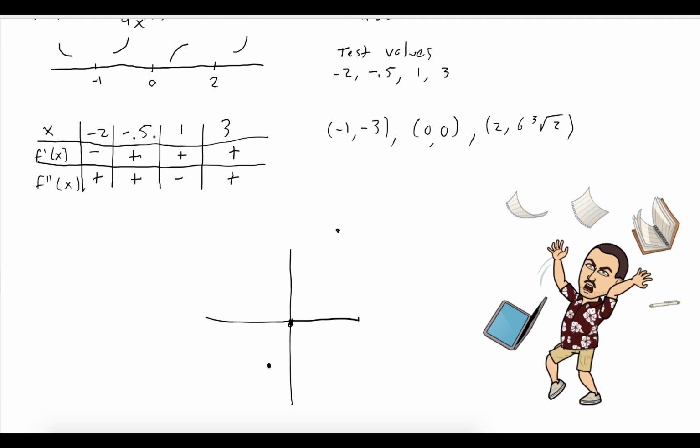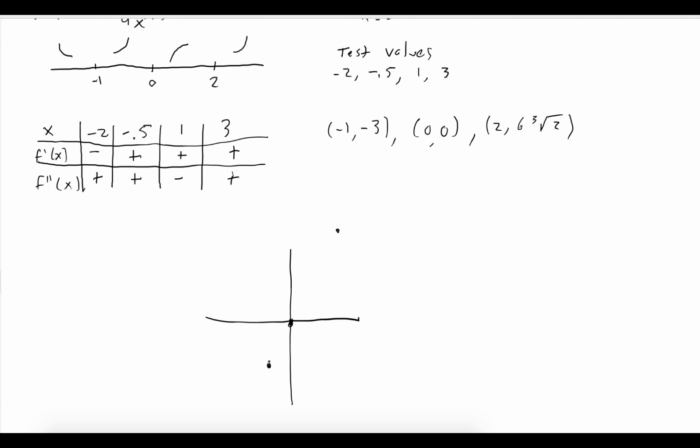So from the left of -1, our curve will look like this. Between -1 and 0, here. And our derivative was undefined at 0, and it turns out that it's a vertical tangent. From 0 to 2, our graph looks like this.